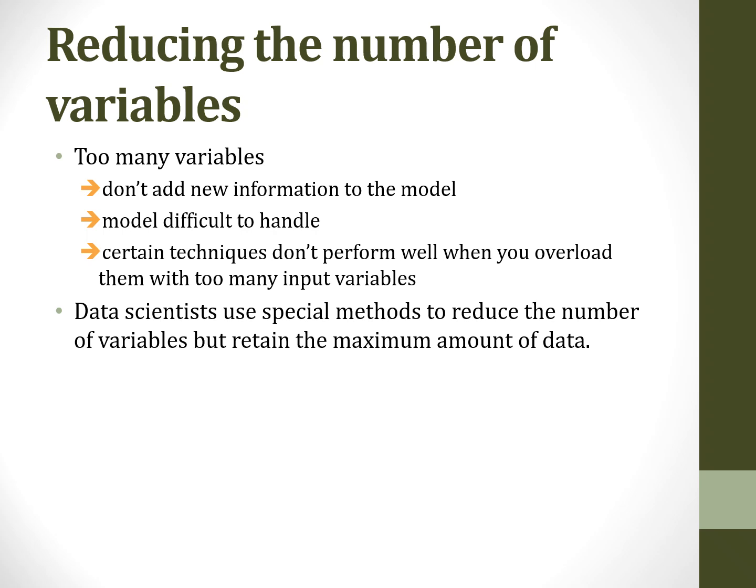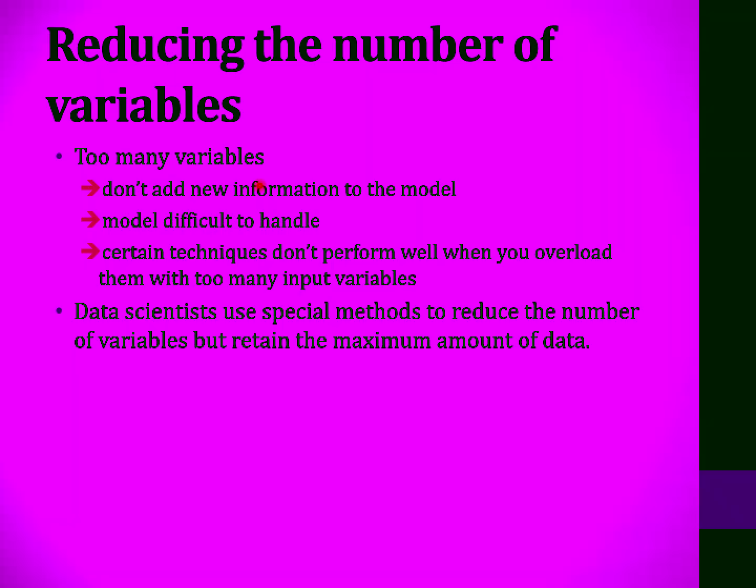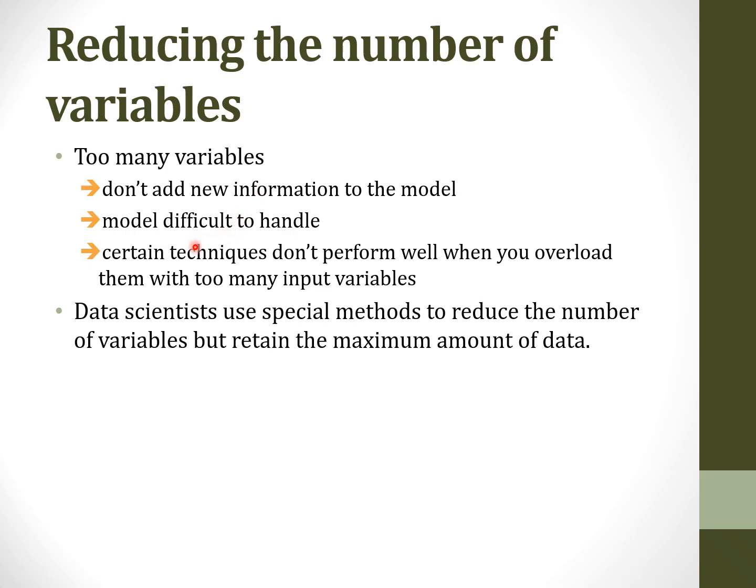Next, reducing the number of variables. If we have too many variables in the table, it creates a problem for the model that is used for analyzing the data, because the model has to handle them, and handling them becomes very difficult.